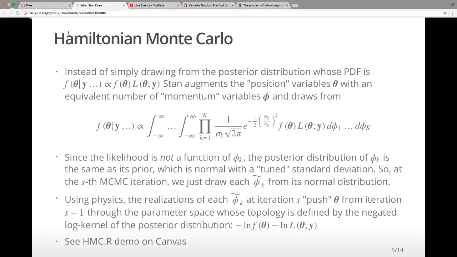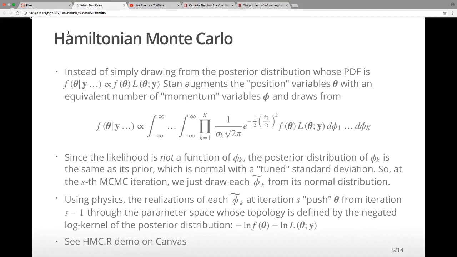Now, the sense in which these are momentum variables is that when we draw realizations of those on the iteration of the Markov chain process, then we use physics and these phi variables that provide momentum to push the theta parameters around the parameter space that we've defined, you know, real numbers or whatever.